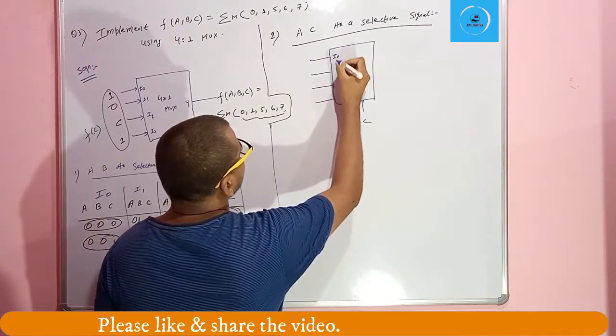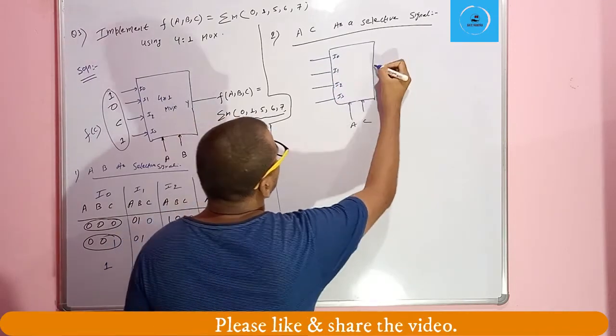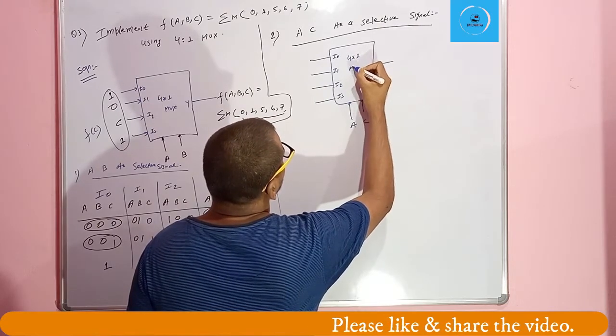this is I0, I1, I2, I3, and here the output Y. This is the 4 to 1 box.